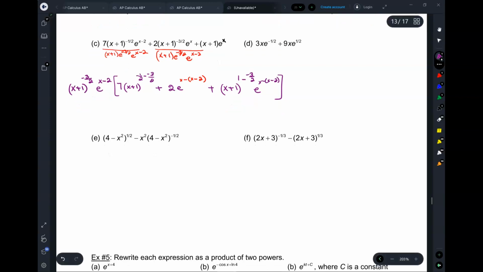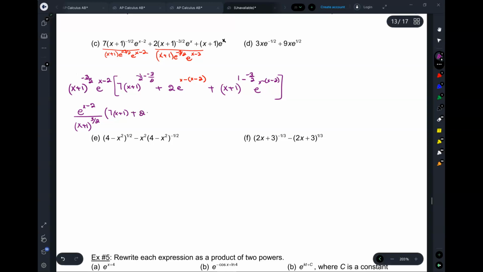So look at what we're going to have here. We're going to have e to the x minus 2 over x plus 1 to the 3 over 2 times. Now I have 7x times x plus 1, right?